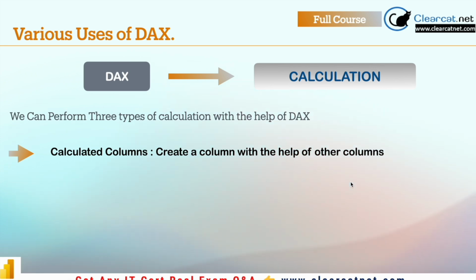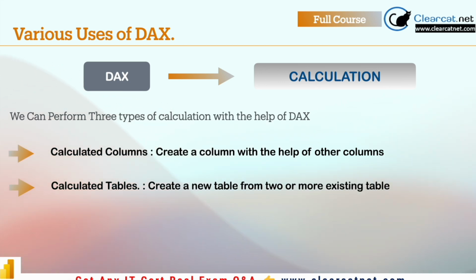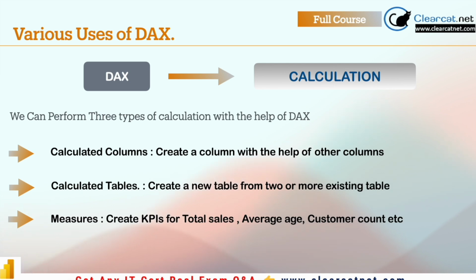We are going to check this practically when we work with our tool, Microsoft Power BI Desktop. Calculated tables: create a new table from 2 or more existing tables. And measures: create KPIs for total sales, average age, customer count, etc. So these are the main 3 things we are going to calculate in our Microsoft Power BI with the help of DAX.